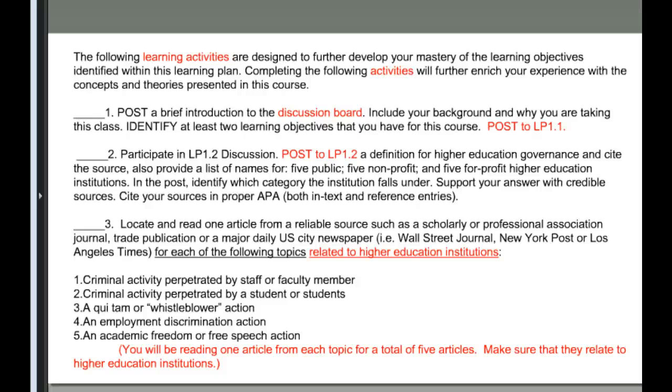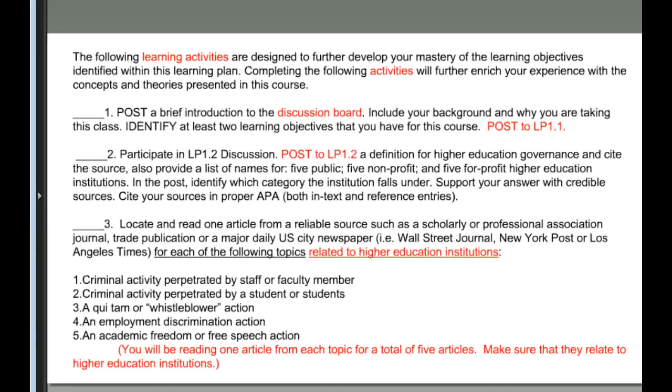So the learning activities are to help you master the objectives, and the activities that you'll need to complete are the brief introduction to the discussion board, identify at least 2 learning objectives that you have for the course, and then in the post-forward learning plan 1.2 discussion, you will need to put in a definition for higher education governance, always cite your sources, and provide in that discussion the list of names, just the list of names for 5 public, 5 nonprofit, and 5 for-profit higher education institutions.